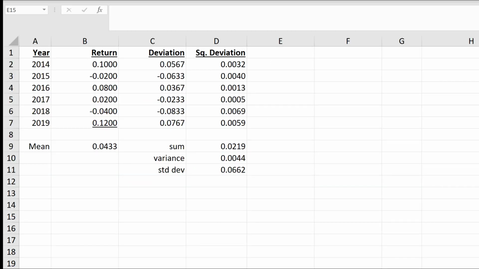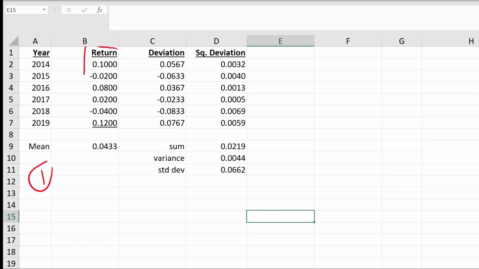Okay, let's go back to the spreadsheet we used to estimate the variance and the standard deviation in the first video, and I'll just walk through the variance steps real quickly. Recall, the variance in words is the average squared deviation from the mean. To calculate the variance, we first computed the mean.